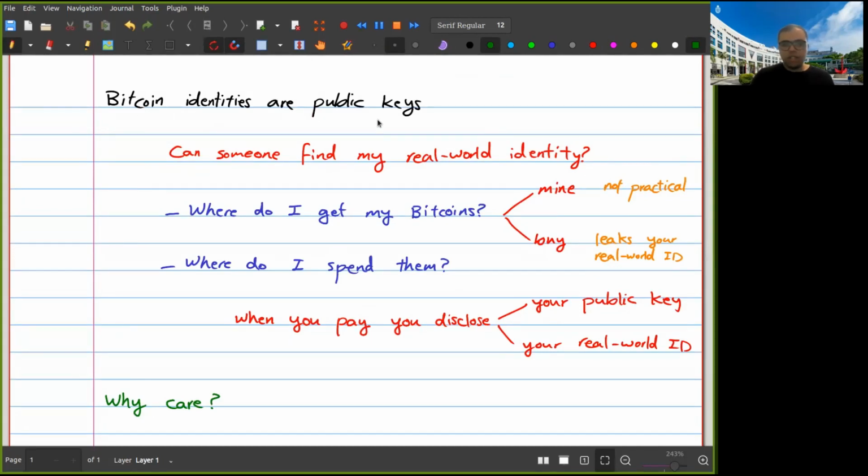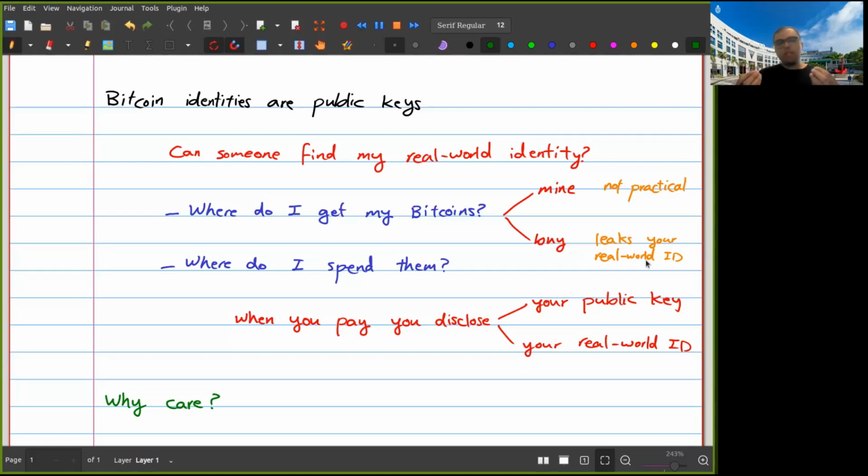Who cares if, I don't know, my coffee shop or my online shop or my government knows that I owned this particular public key? I can just create another one, right? And then I can use this new one. So for example, let's say I buy Bitcoins and this leaks my real world ID, that's fine, but it just connects my real world ID to my current public key.